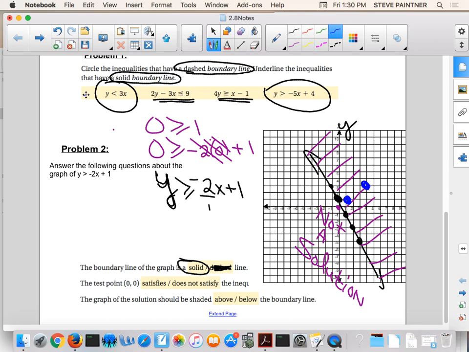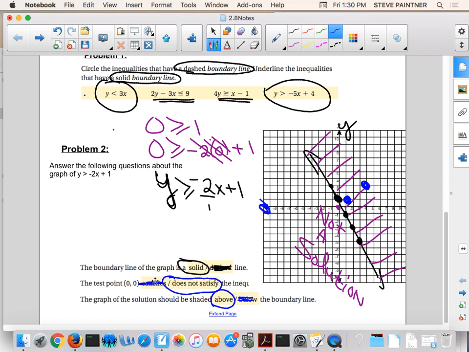How about negative 10, 0? No, it doesn't work. You can try it. It won't work though. Okay. All right. I think I'm done there. Oh, I didn't answer this. Does not satisfy. And then the last question was shade above or below the graph? Above. Okay.